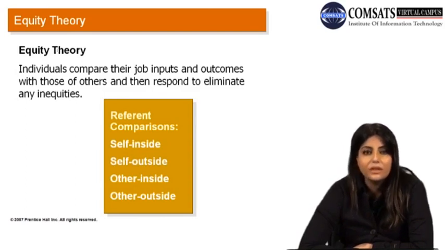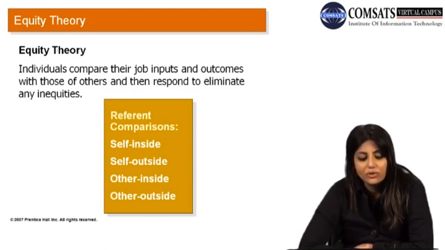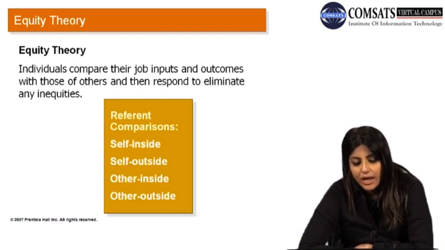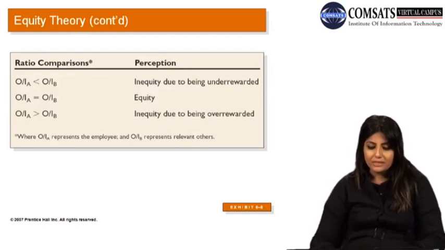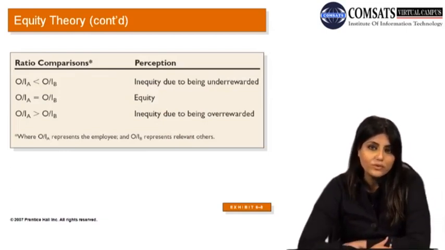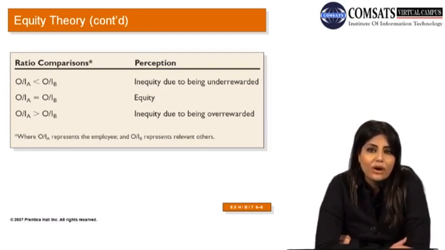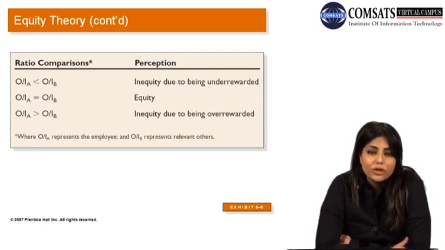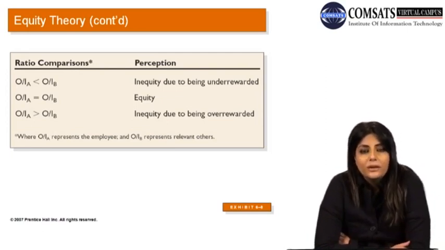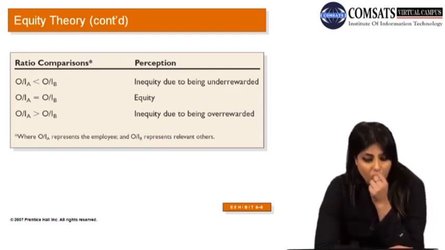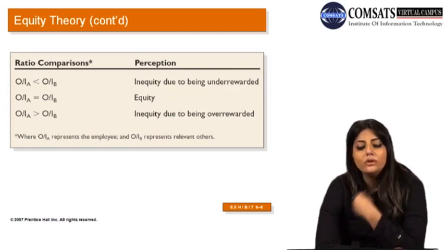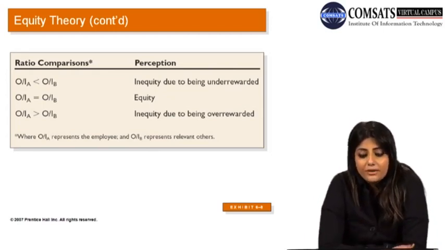These comparisons can be self-inside, your comparison inside the organization, your comparison outside the organization, the others' comparison inside, and other comparison outside. So what we see here in equity theory is that you are comparing your output-input ratio with that of the referent other, and if your output-input ratio is lower than that of the referent other, then you will perceive inequity due to being under-rewarded.